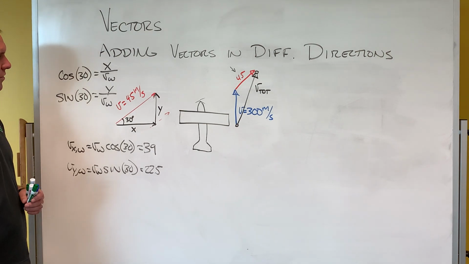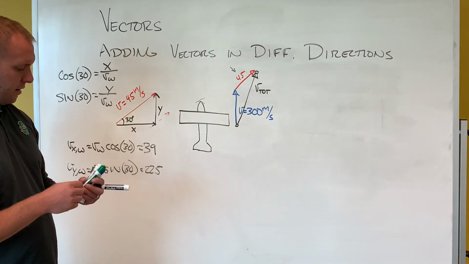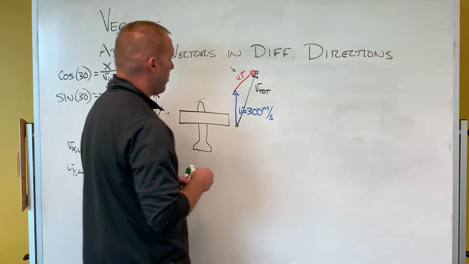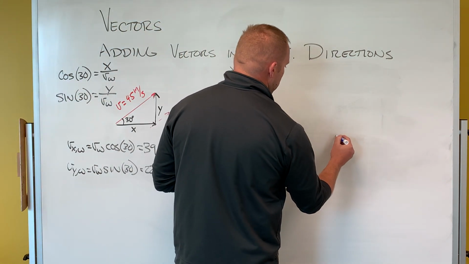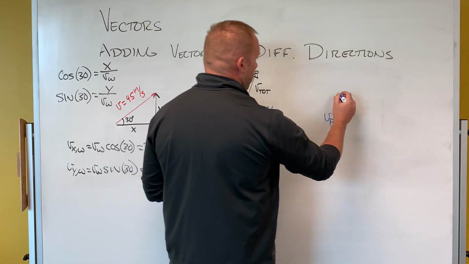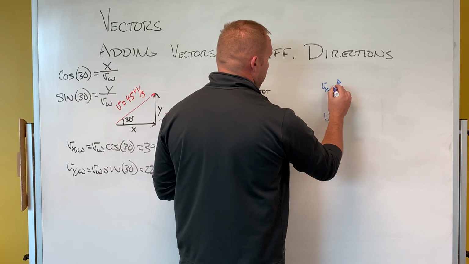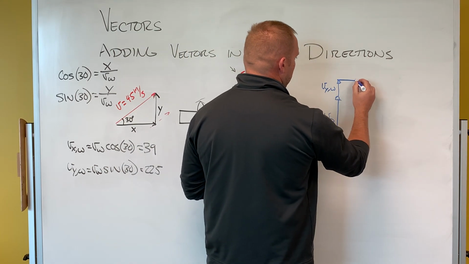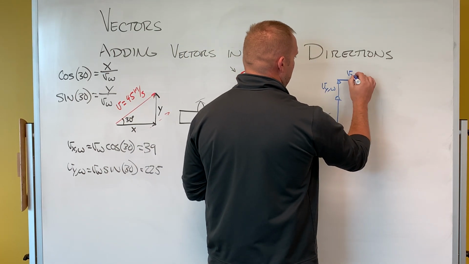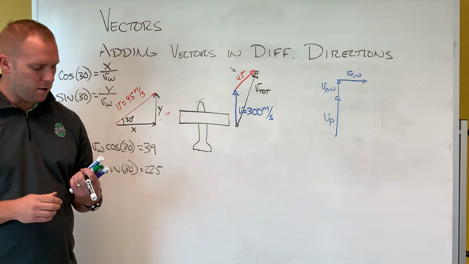22.5 meters per second. What I can now do then is break that up and show, okay, how would I find my total velocity? It would be the velocity of the plane plus the velocity in the y direction of the wind plus the velocity in the x direction of the wind. And notice I've added all three of those head to tail.